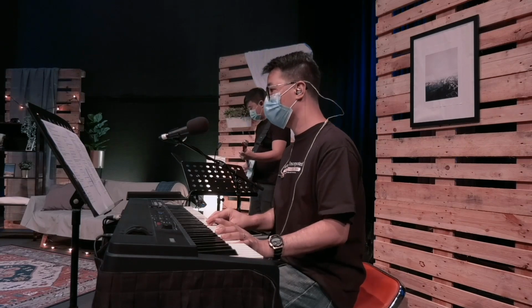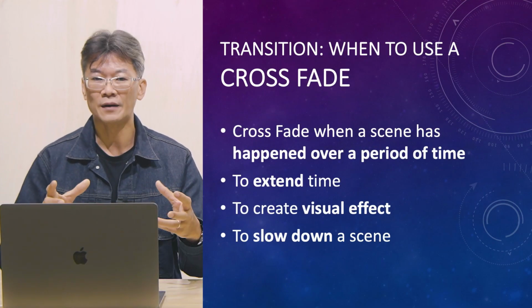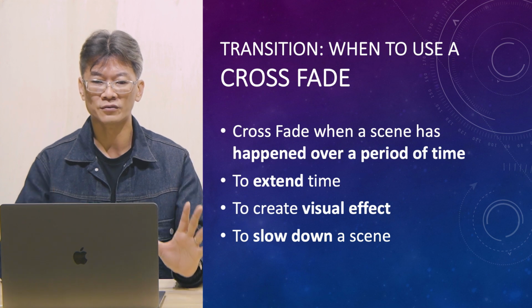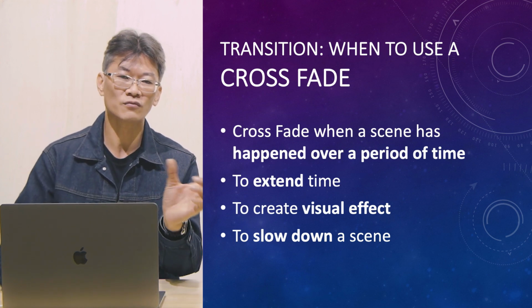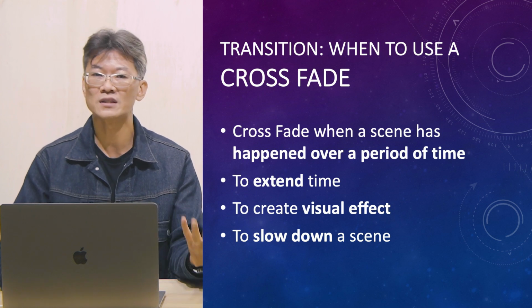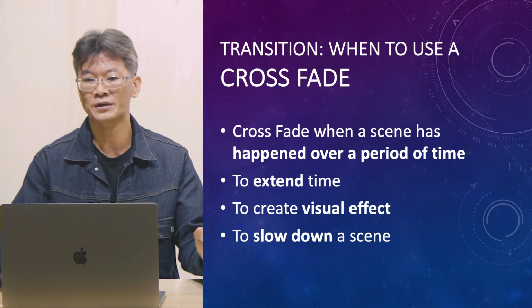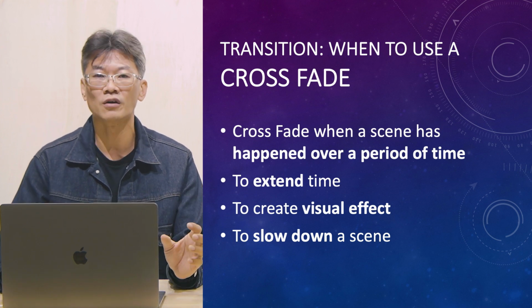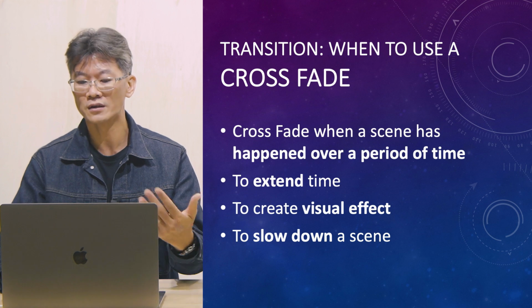To slow down the pace so it doesn't feel so fast-paced and choppy, but we want to slow it down and make it more relaxed, then you can use a crossfade. Crossfade time will vary. Sometimes it's half a second, 1 second, sometimes even 3-5 seconds for a really slow transition over.